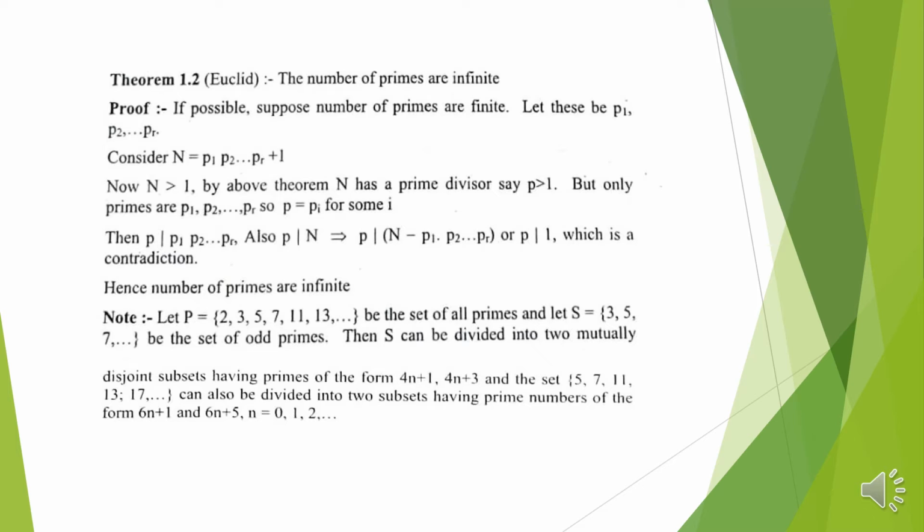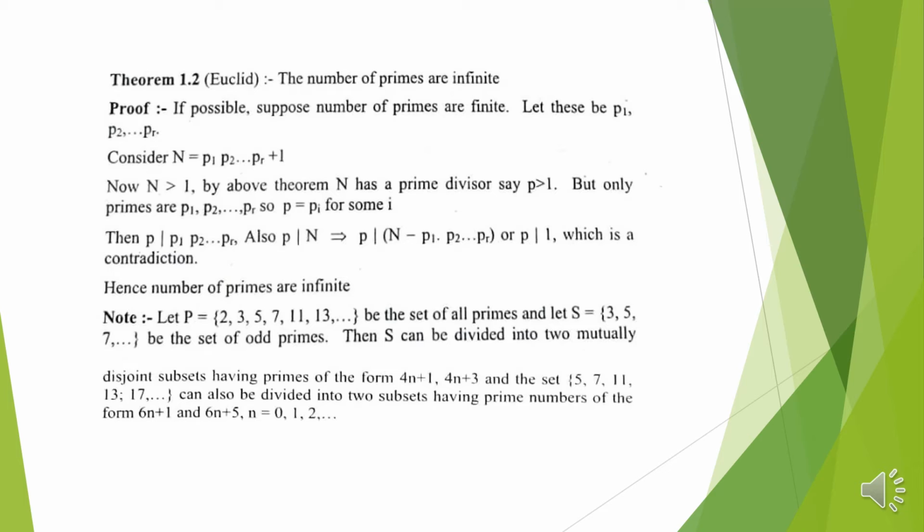Consider capital N equal to p1 p2 p3 p4 and so on up to pr, plus 1. Now N is greater than 1, so by the above theorem N has a prime divisor, say p greater than 1, but the only primes are p1, p2, p3, and so on, pr.